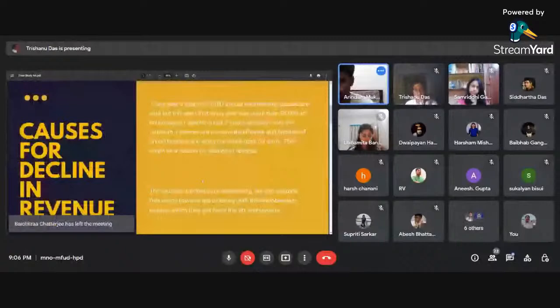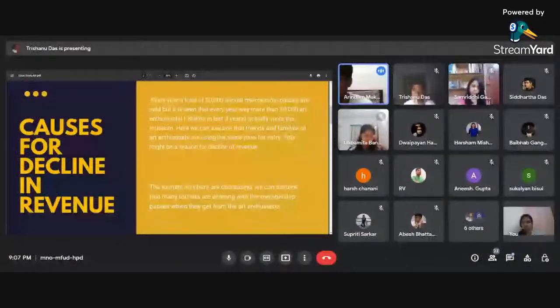We can tell that family and friends of art enthusiasts are also visiting with their passes only. So multiple users are visiting with the same pass. This might be one of the reasons for the revenue decline.